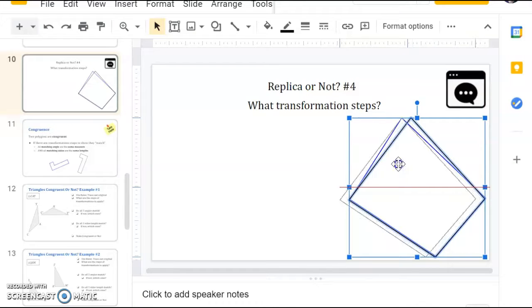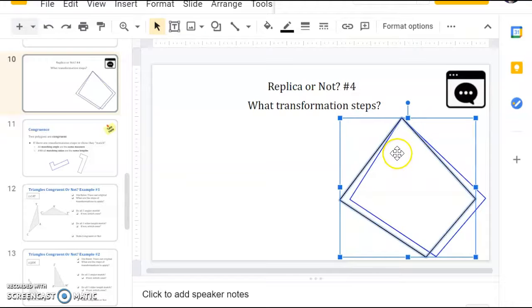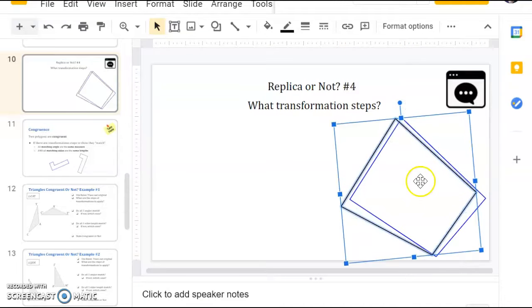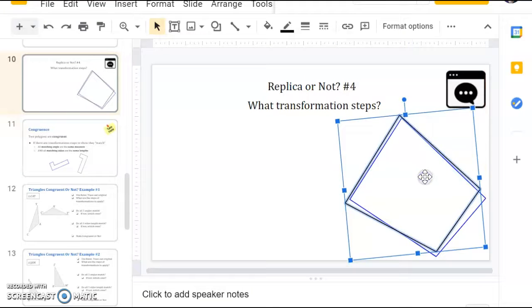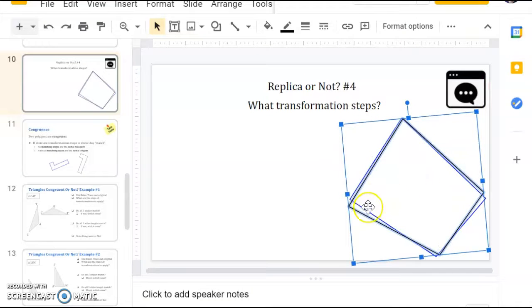If I match that up, the angle at the top might be a slightly rotated version. Let's see if we can match it up exactly. Do they look the same? Yeah, the angles are the same. But when I match up the top angle here, the other sides do not match up. So they're close, but they're not exact. In that case, we say they're not congruent.